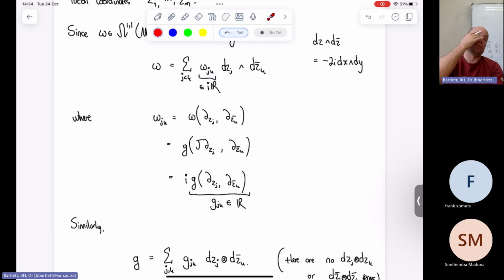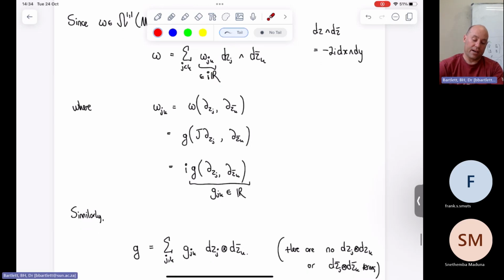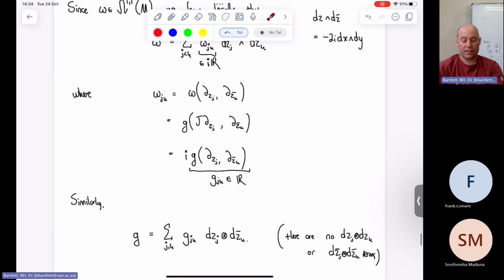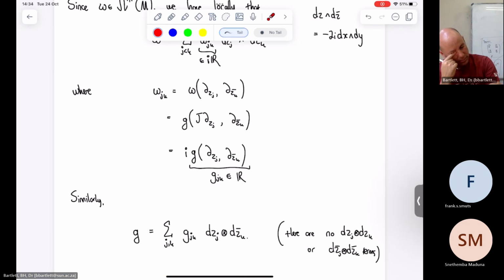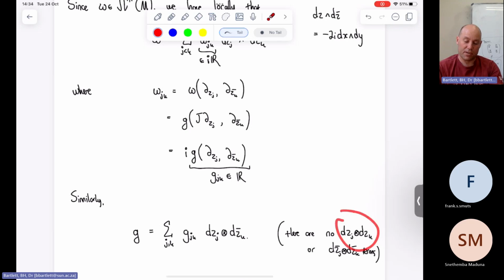Similarly, for the metric itself, I know it can be written like this. Why? I know it's of type 1,1 because it's a type 1,1 tensor, so it doesn't have 0,0, 2,0 and 0,2 parts. So there's no parts like this, as we just saw earlier.